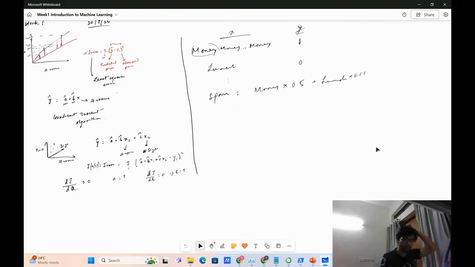This is a very crude model. This is not exactly how it works, but just to give you an idea. So again, these are the parameters which get trained. Let's say this is a hat, corresponding to what we got in logistic regression. This is b hat, and these are the parameters that it obtained by minimizing the error, right?